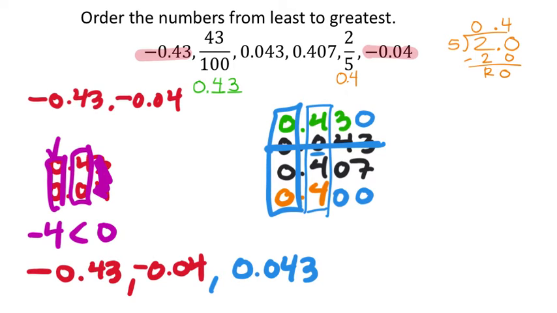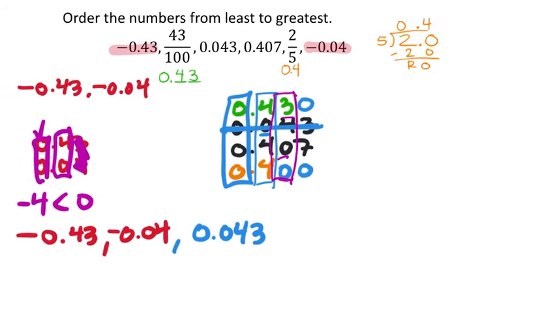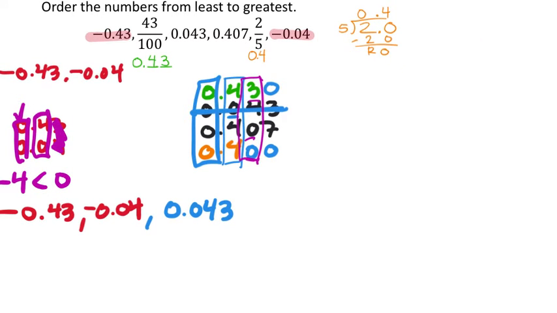And I can see by comparing the next place value that the 3 is the biggest, right? You got 0, 0, and 3. Well, since 3 is the biggest, that means I know that the 0.43 is going to be the biggest number of the group, and that came from 43 hundredths. Okay, so that uses up that one. I know it's the biggest, so I've already listed it furthest to the right there, see?